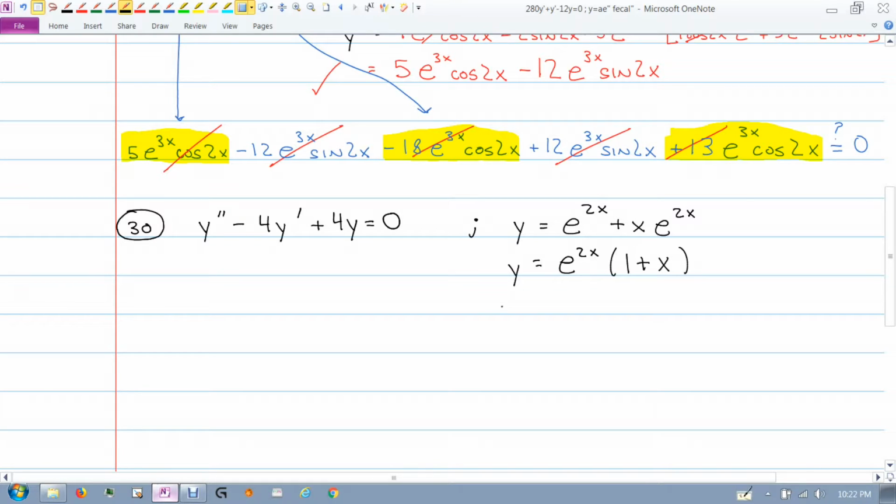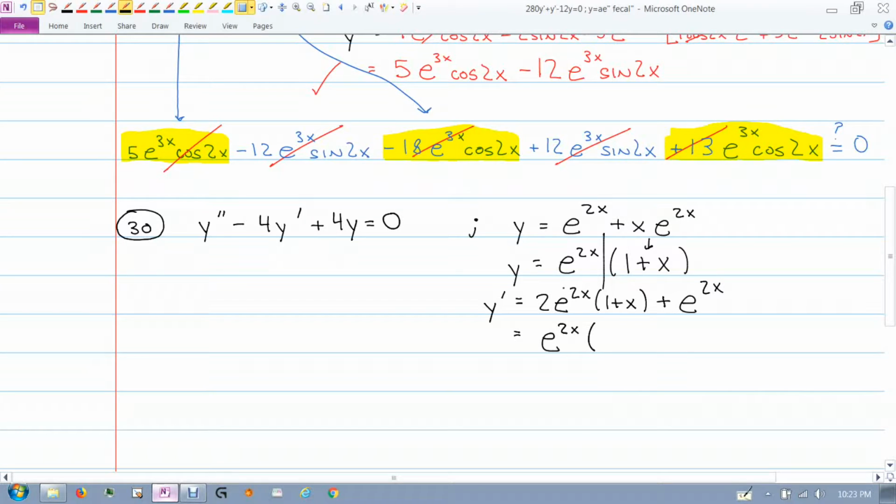And I need two derivatives of this. So the first derivative is going to be derivative of the first one. I'm doing product rule right there. Derivative of the first one, which is 2e to the 2x times the second one, plus derivative of the second one. So I'm doing derivative of what's in here, and that's just 1 times e to the 2x. Again, I notice that I have an e to the 2x in both. So I have e to the 2x.